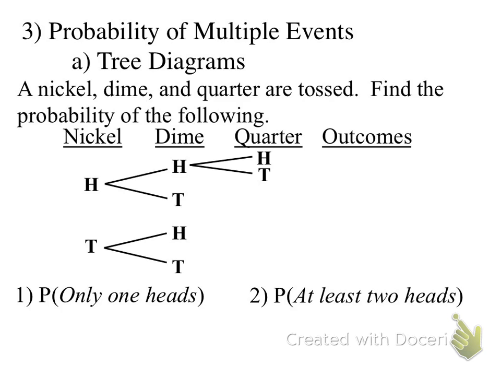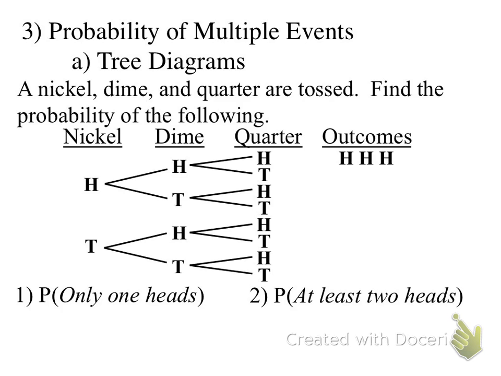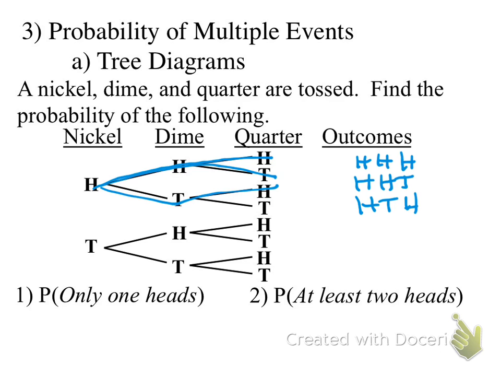Does this make sense? So as I eventually get all the way through, now what I can do is look at all my possibilities. Here's one. Heads, heads, heads. Heads, heads, tails. Heads, tails, heads. And then look at the question they're asking.